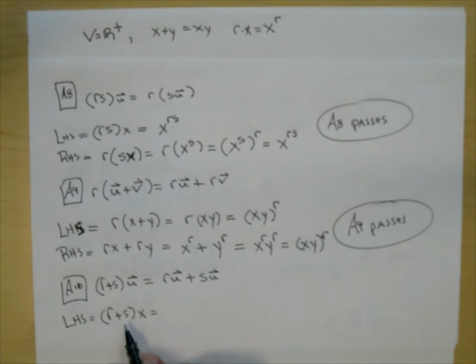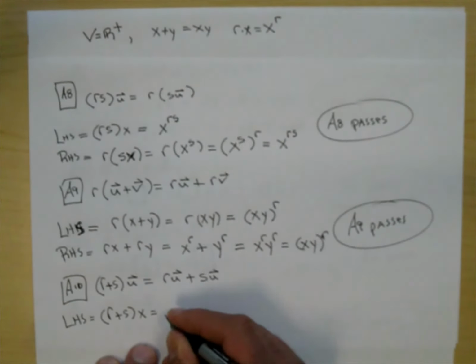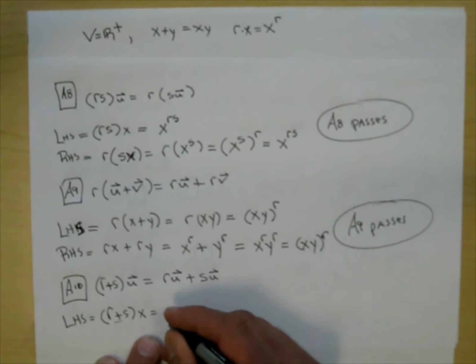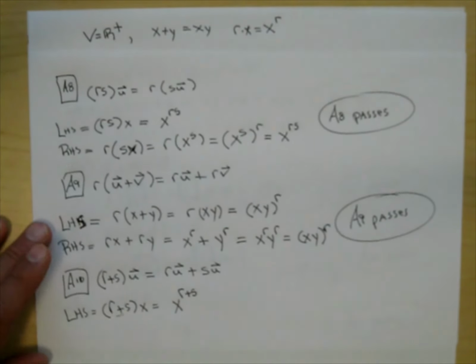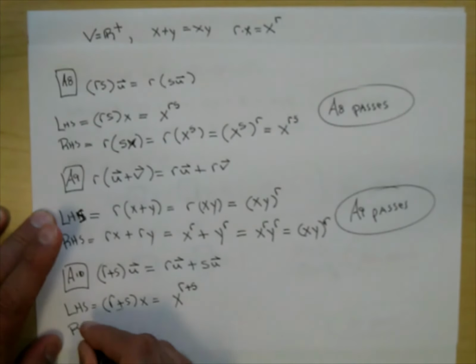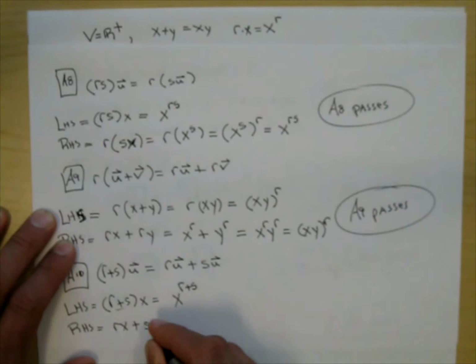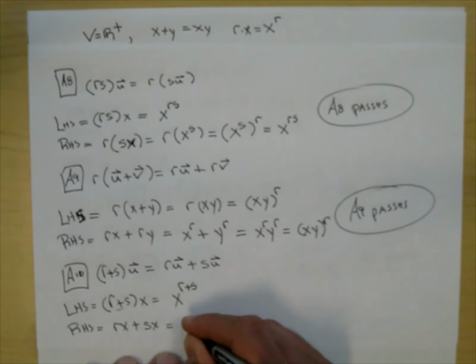This is a scalar plus a scalar, and funky addition is when you have a vector plus a vector. So I'm going to have the scalar, which is R plus S, times X. So this is going to be X raised to the R plus S power. Let's look at the right-hand side. Right-hand side is RX plus SX. Okay, so now this is funky scalar multiplication. This is going to give me X to the R.